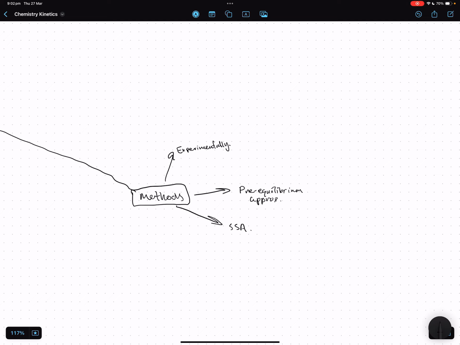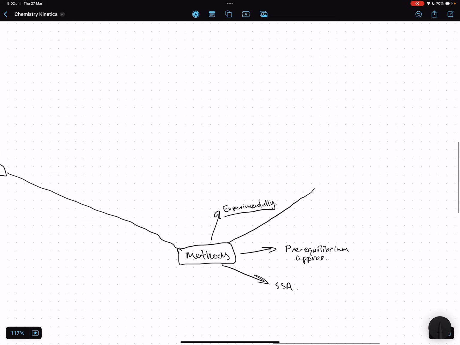So these are three different ones. Of course, experimentally is completely different to these two, because these two are mathematical. So experimentally, you calculate the rate, and then you go onwards from there.